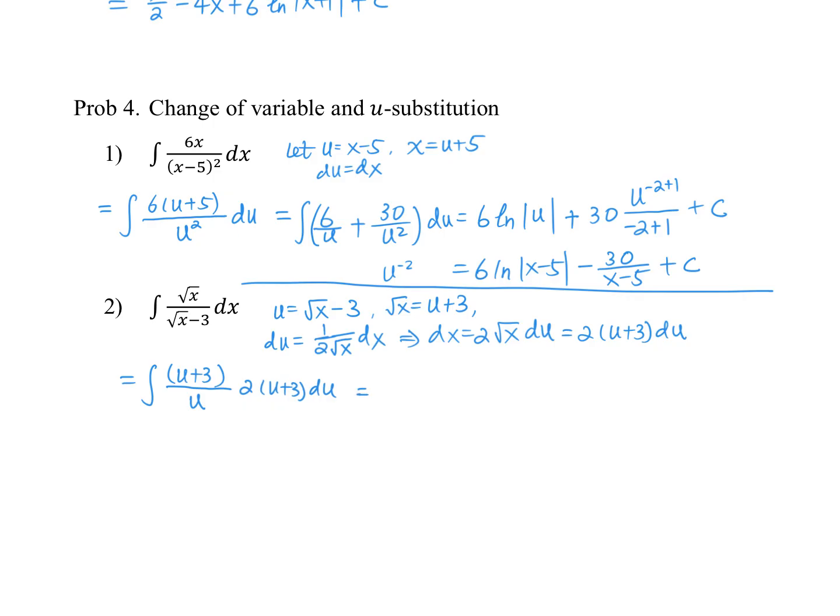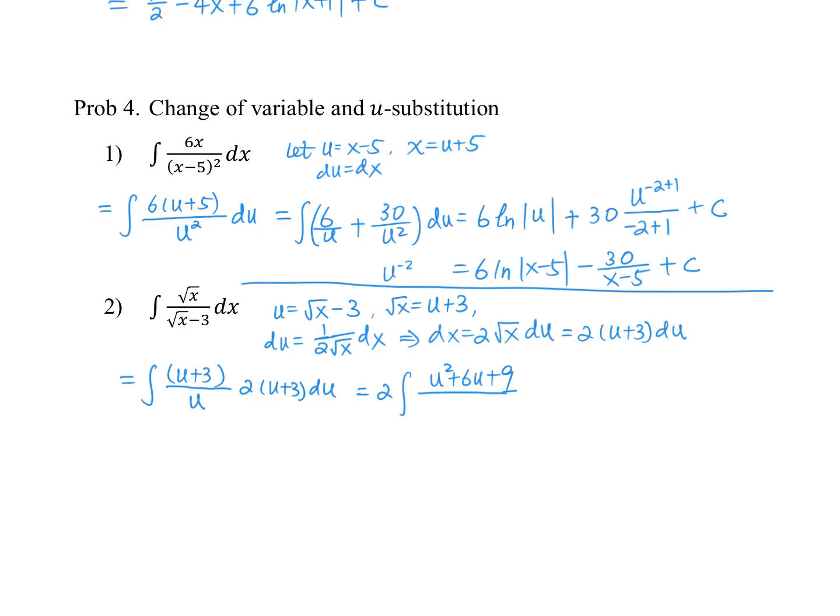So basically we have, let's pull out the 2. The top, you have u plus 3 times u plus 3, which becomes u plus 3 squared. Let's expand it. So u squared plus 6u plus 9. I'm using the perfect square binomial formula there.